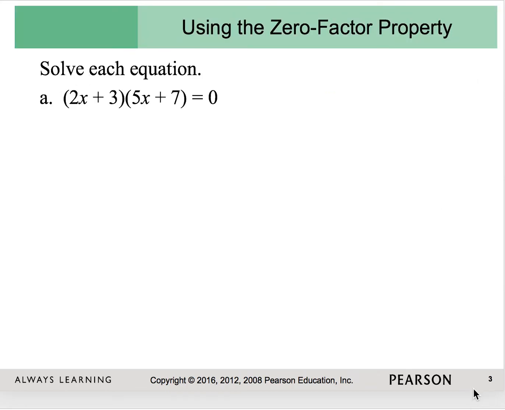Let's try that. Look right here at the beginning. They're real nice for us, and they've got the factoring done. Anytime you have two things being multiplied together that equals 0, the only way that can happen is if one of them is 0. That means either 2x plus 3 equals 0 or 5x plus 7 equals 0.